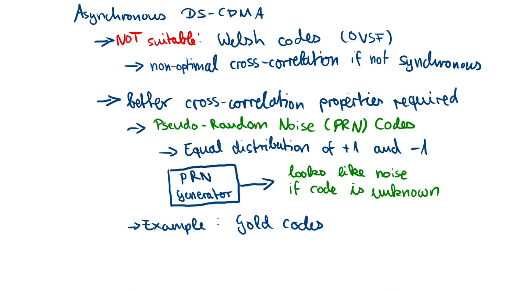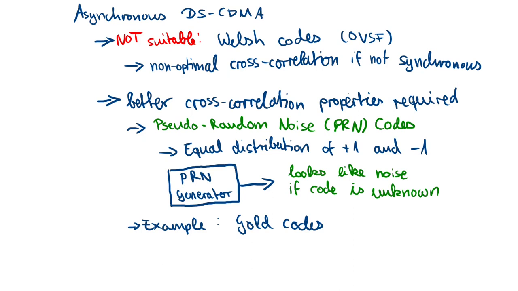So for the asynchronous case, you need different codes. So the Welch codes out of our OVSF code tree are not suitable. They don't have optimal cross-correlation properties if the signals are not synchronous. So you need to find codes which have better cross-correlation properties in the asynchronous case.